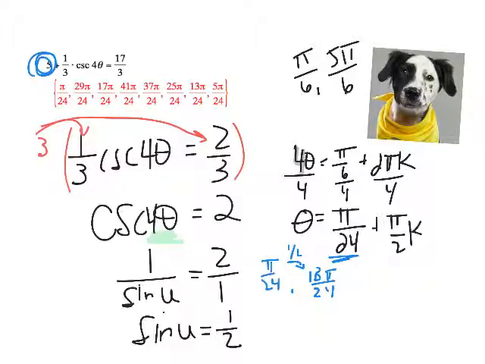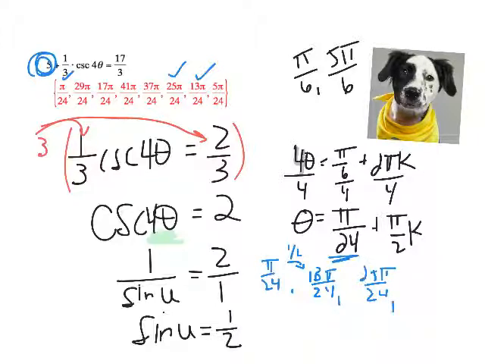And then you can add another 1/2, which will give me 25 pi over 24.